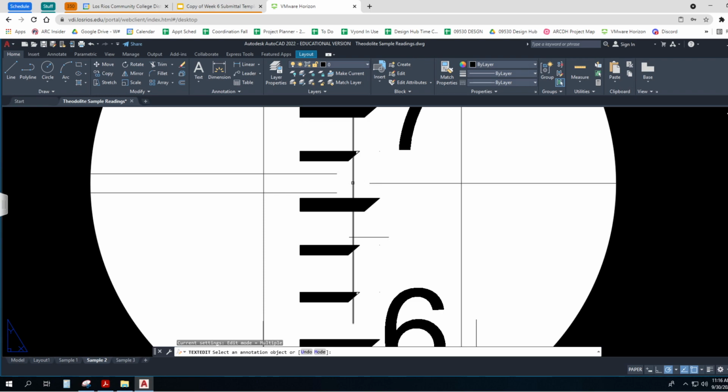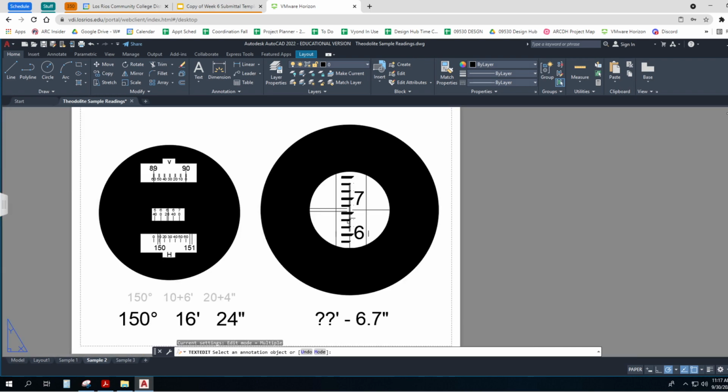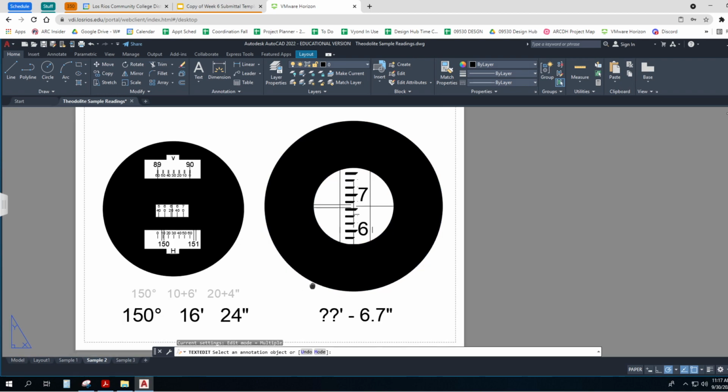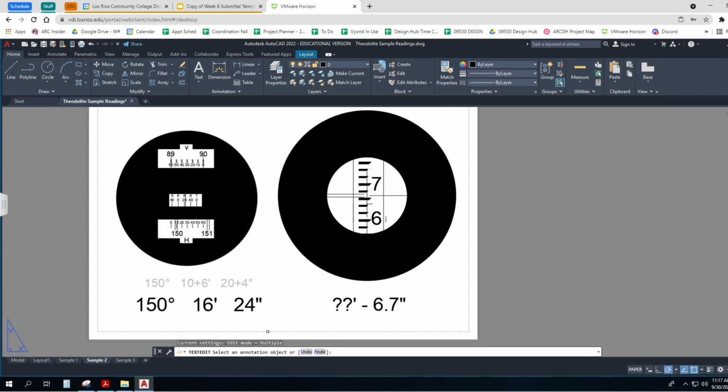Okay, so that's fairly close. I could tell you about how to get even closer, but that's good for what we want to do. 6.7. That's how you would do this one. And this is basically what I'll be asking for you to do on the midterm. I'll give you some readings like this, and you'll be able to do that.